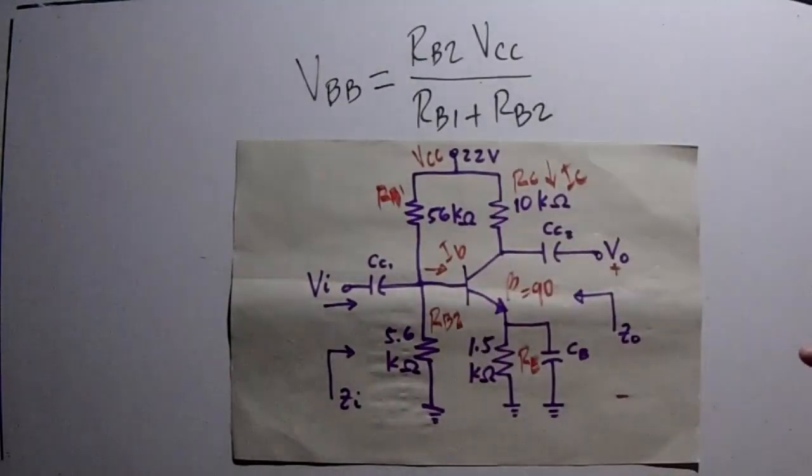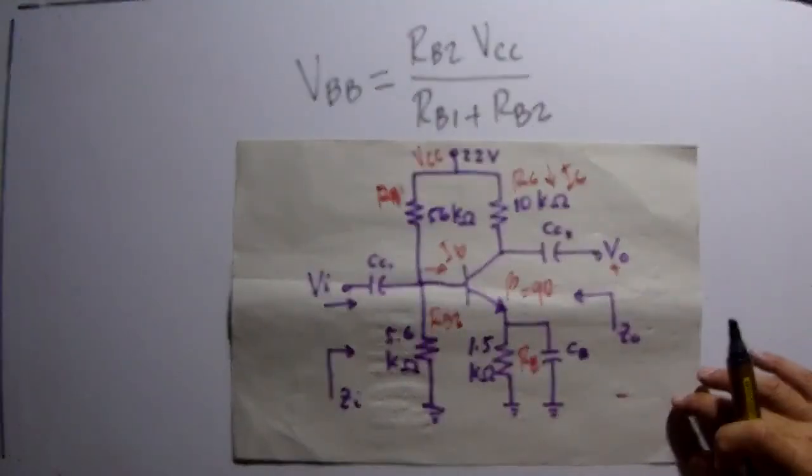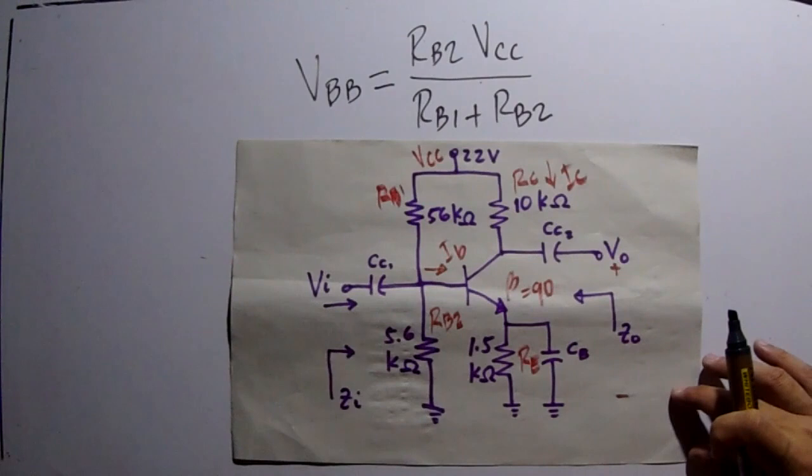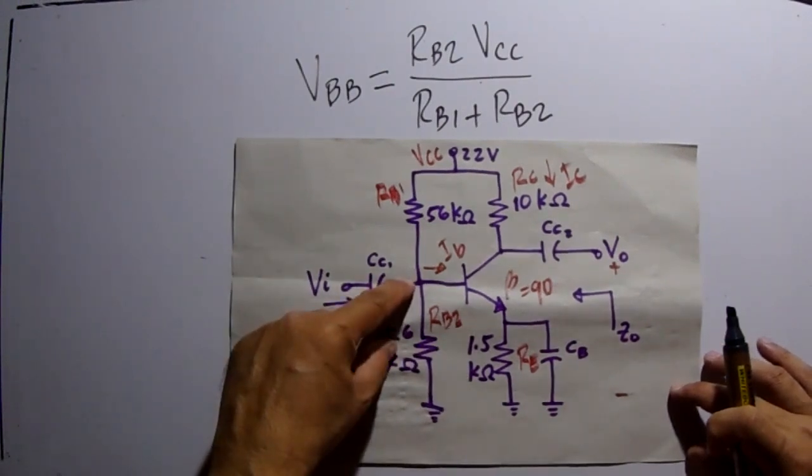This is by using the voltage division theorem, and VBB is our voltage at the base.